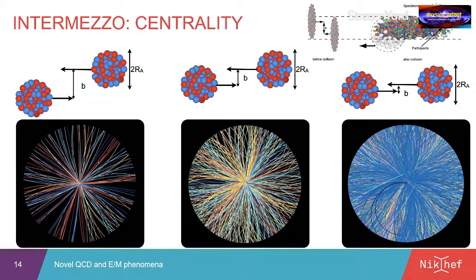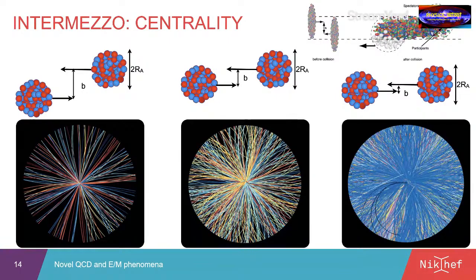And if you have time and patience, you can even count by eye the number of lines that you see here. Each line corresponds to a particle track created from such a collision. They move outwards, and our detectors are able to reconstruct all of these particles. So for such collisions with large impact parameters, it might even be feasible to just count by eye the number of particles being generated.